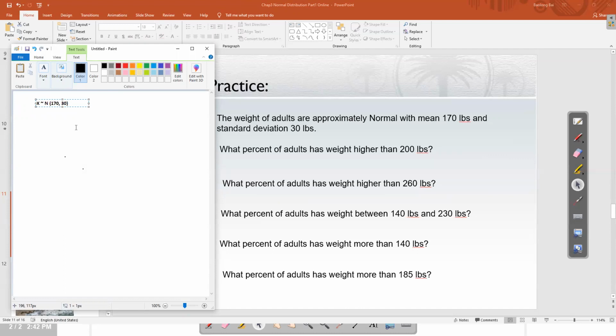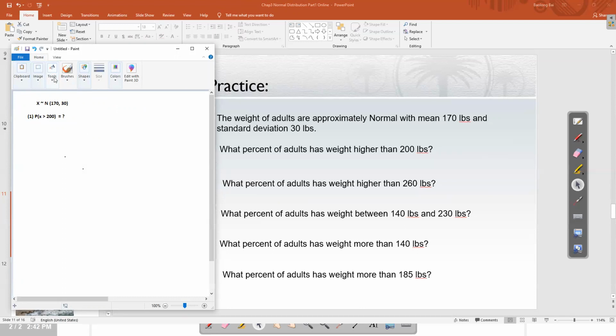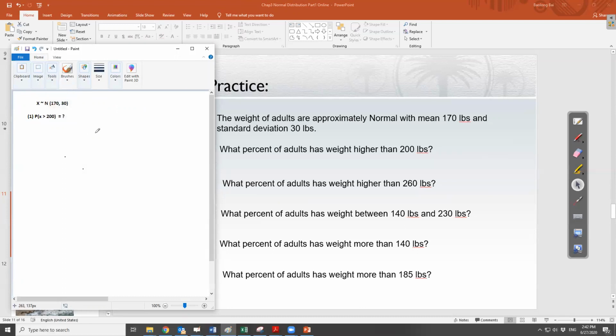Okay. So the first question, what percent of adults have weight higher than 200 pounds? So we're looking for the probability of X greater than 200. So it's always helpful to draw a density curve any time you look for a normal distribution. Draw a density curve.